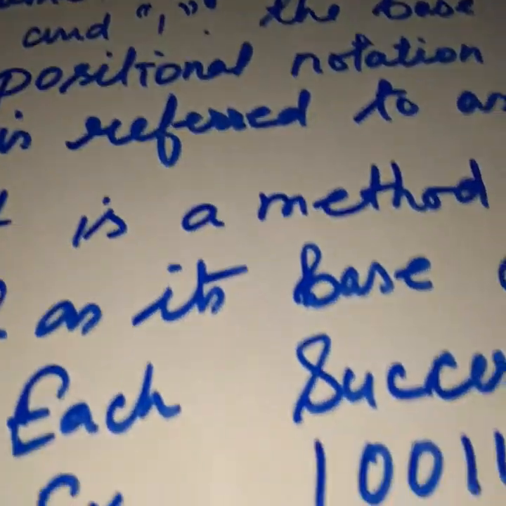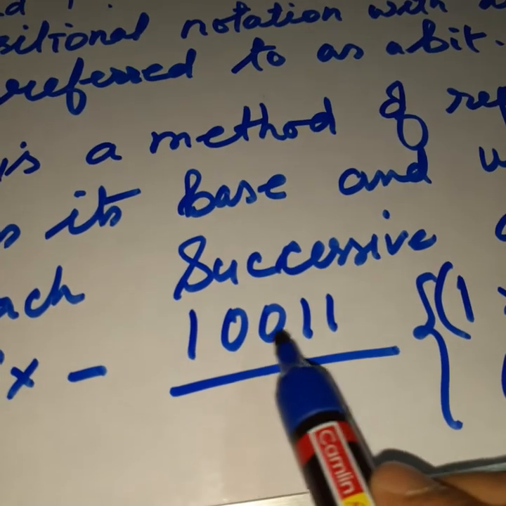So this is how it is represented as a binary number: 1 0 0 1 1.